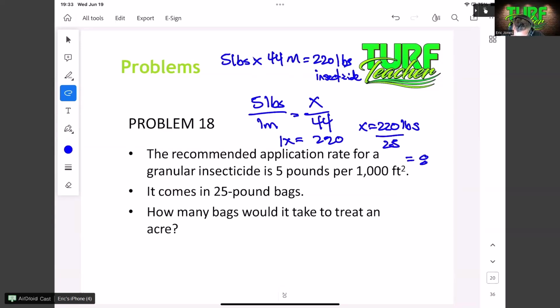And we're going to need 8.8 bags. If we went ahead and used, instead of 44,000, 43,560, it would take a little less. You're going to use about 8.7 bags.